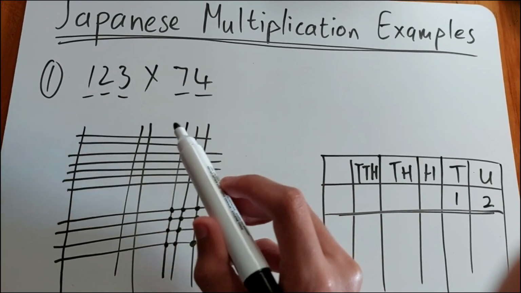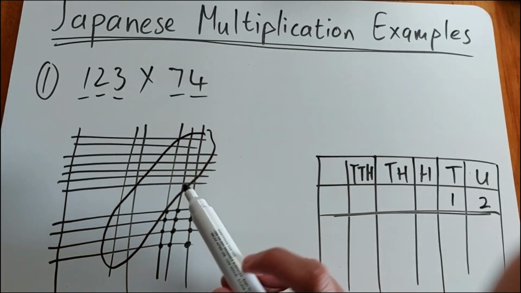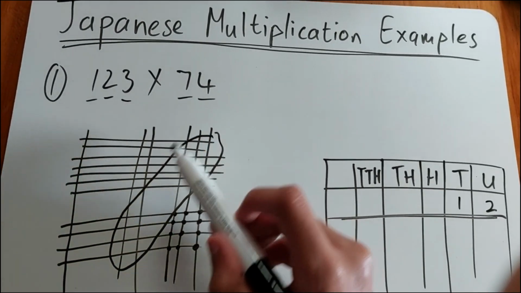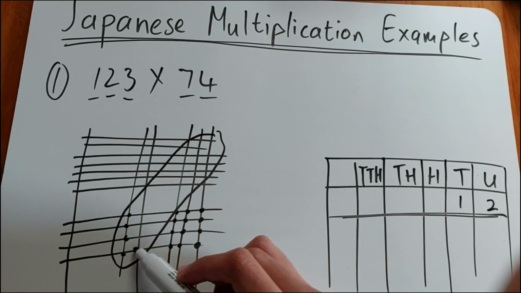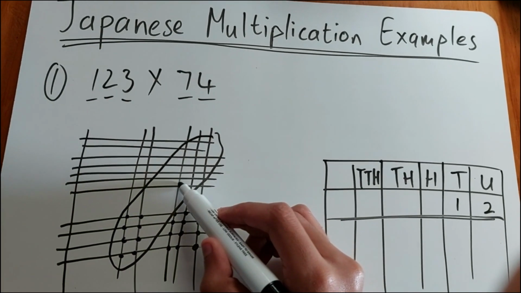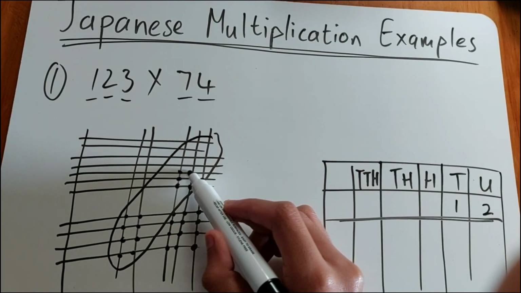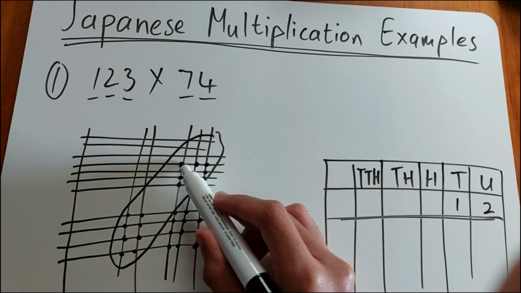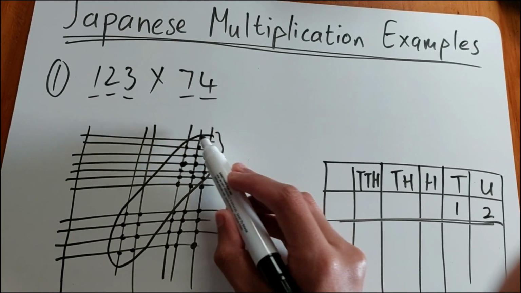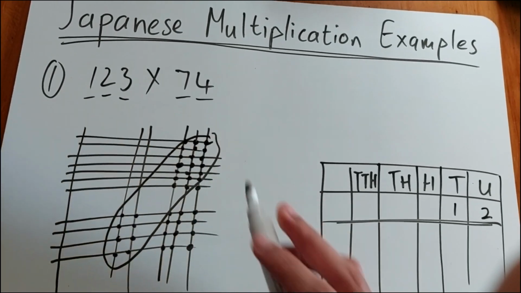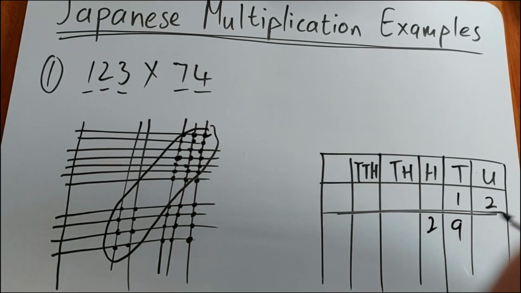So this example requires us to calculate the intersections of this diagonal. 1, 2, 3, 4, 5, 6, 7, 8, 9, 10, 11, 12, 13, 14, 15, 16, 17, 18, 19, 20, 21, 22, 23, 24, 25, 26, 27, 28, 29. Write down 9, carry over 2.